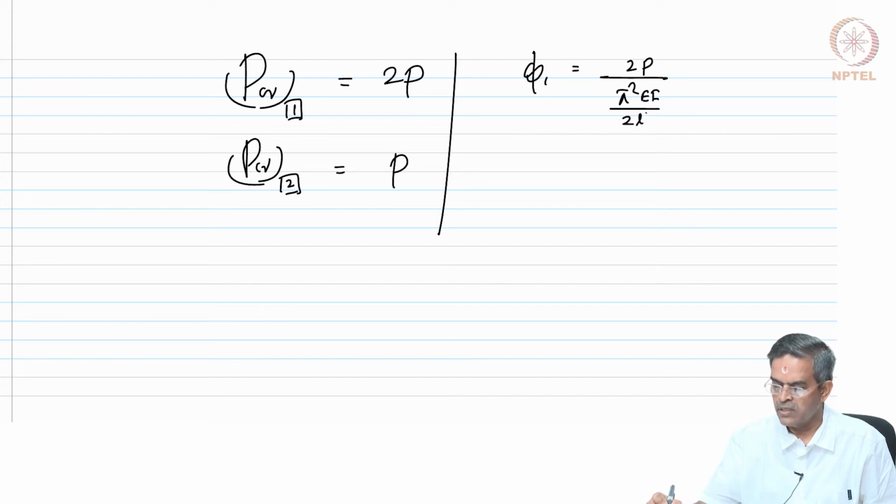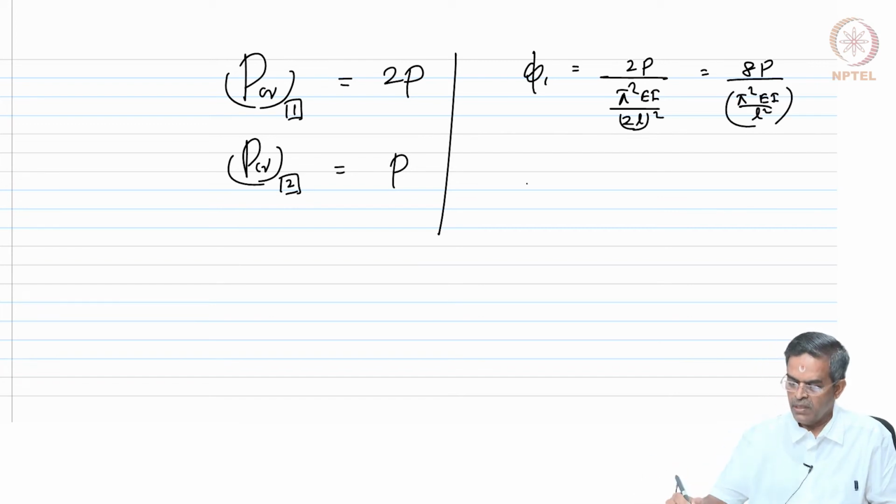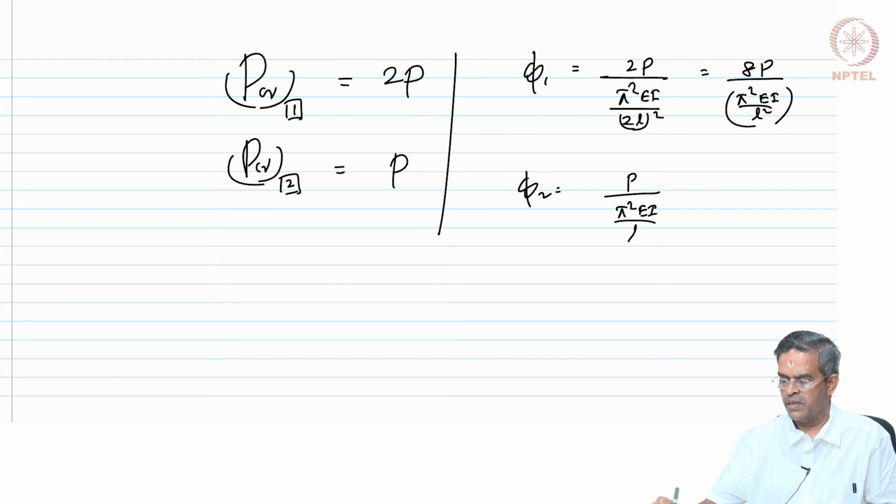In this case it is 2L the whole square, which will become 8P by pi square EI by L square. Am I right? Similarly, for phi 2, which will be P by pi square EI by L square.